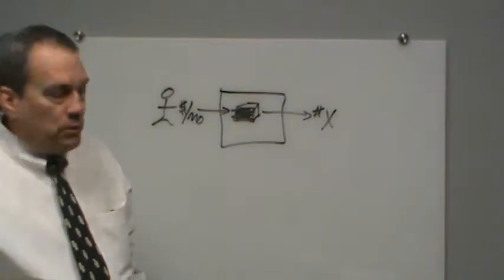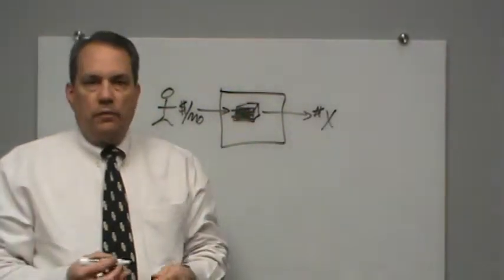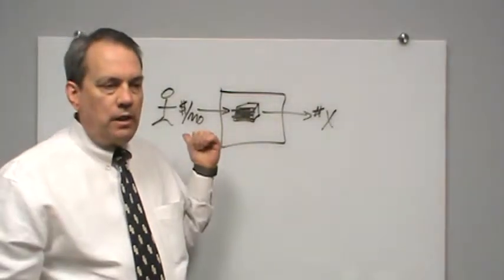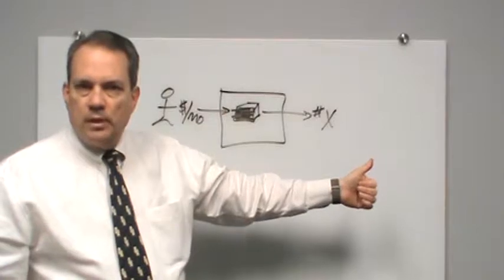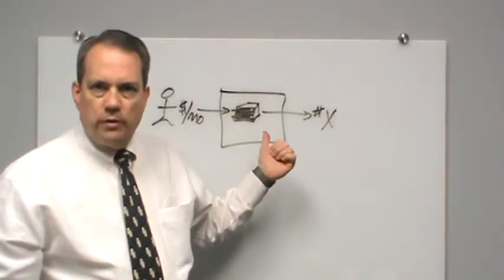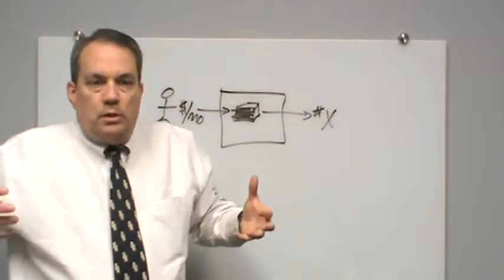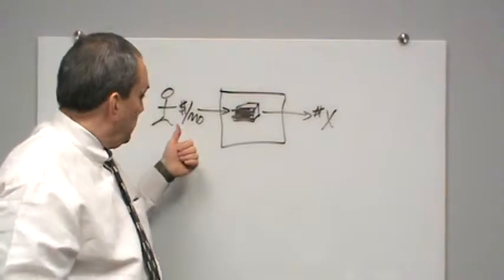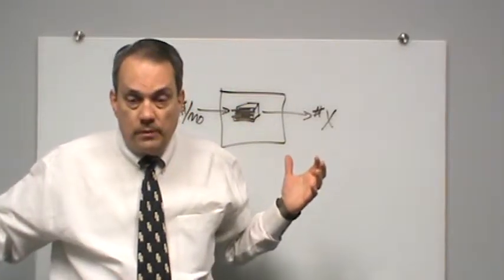So you say, well, what's the black box look like? And they say, if you'll pay X number of dollars every month, then when you die, your beneficiaries will get this much money. You say, well, what's it doing? They say, if you'll pay this number of dollars every month, your beneficiaries will get this much money when you die. Do I have any choices? You guys get the idea. That's it. No.